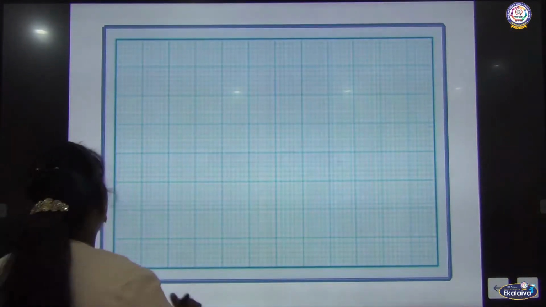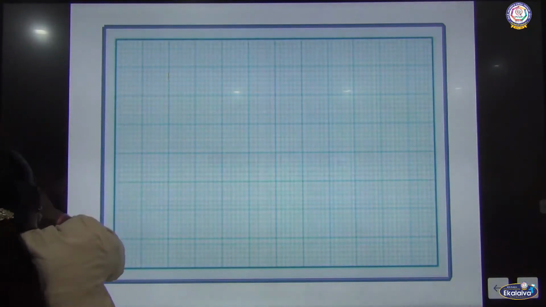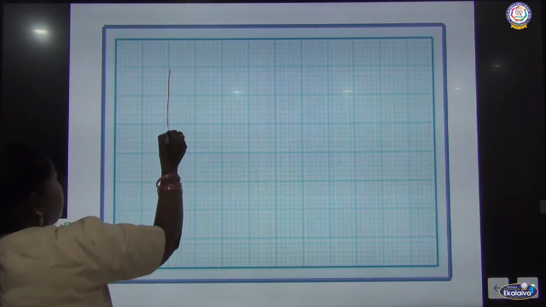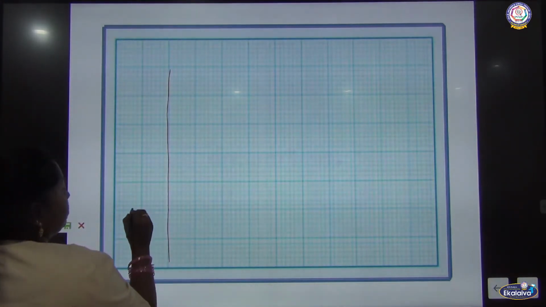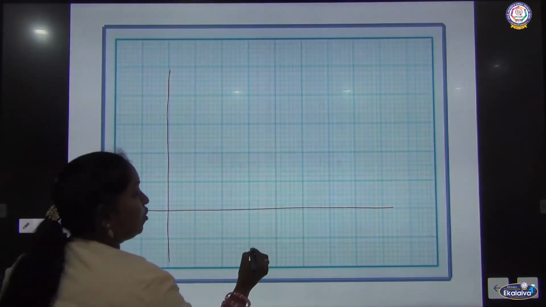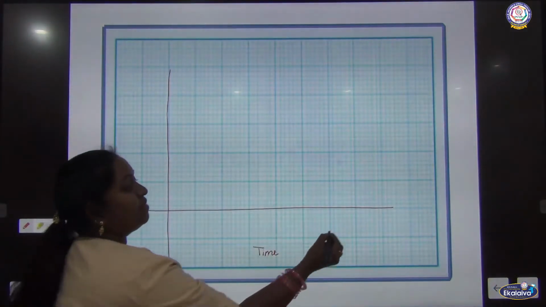So let us make a graph. Time along the x-axis.